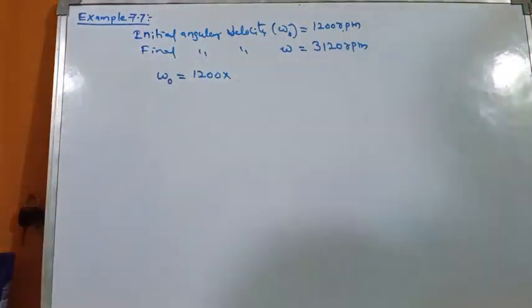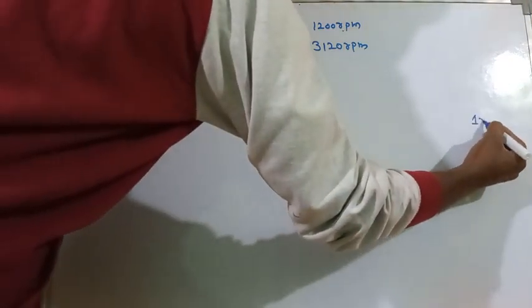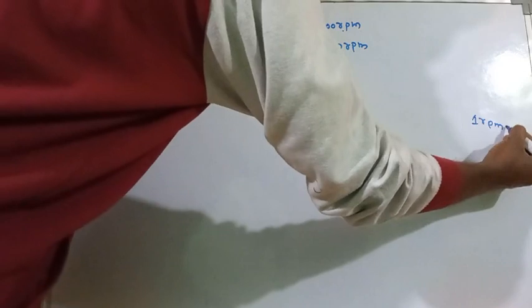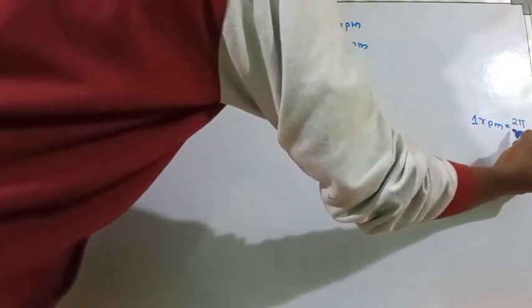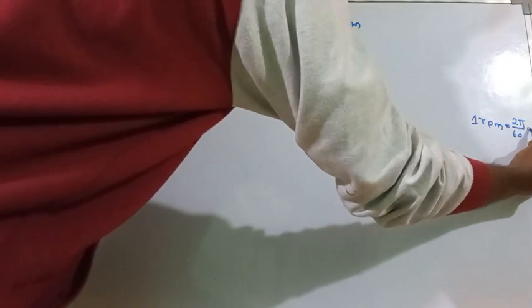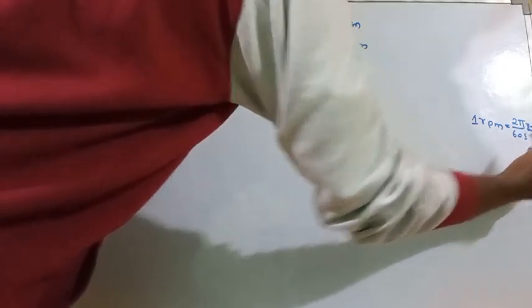It is not visible here, so I will write it at the bottom side. 1 rpm is equal to 2 pi radians per 60 seconds.